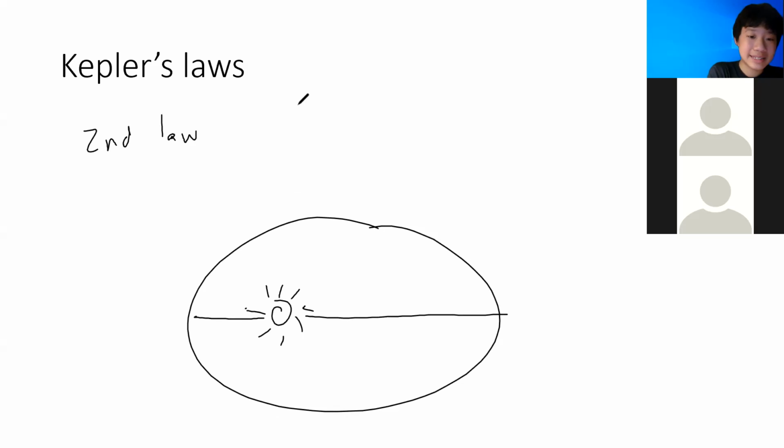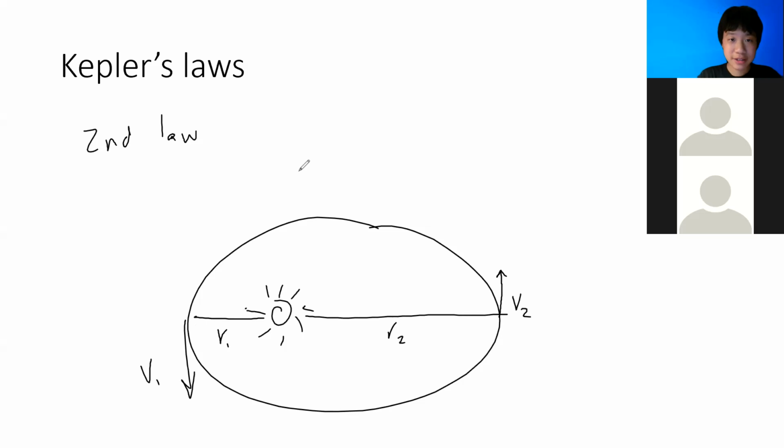If we have a small r here, the planet's going to be going at a high velocity. If the distance away from the sun is larger, then the velocity of the object will be slower. So the closer the planet is to the sun, the faster it's going to be going. If it's farther away, it's going to be going slower.